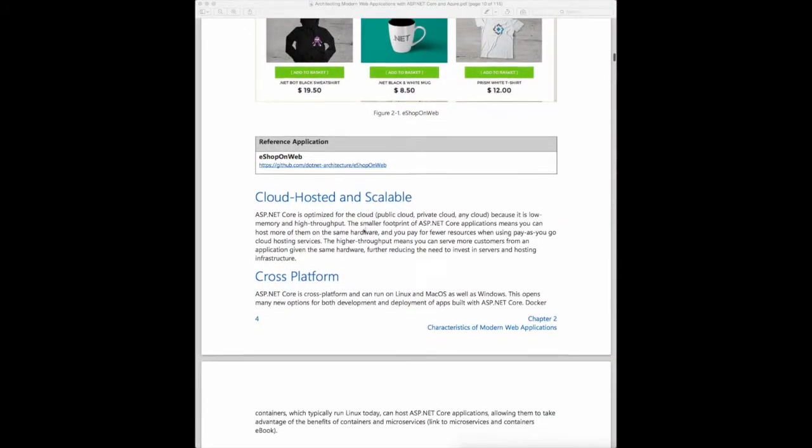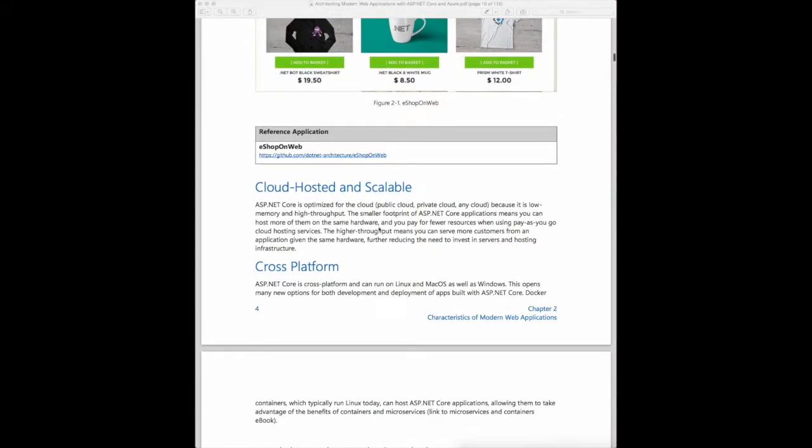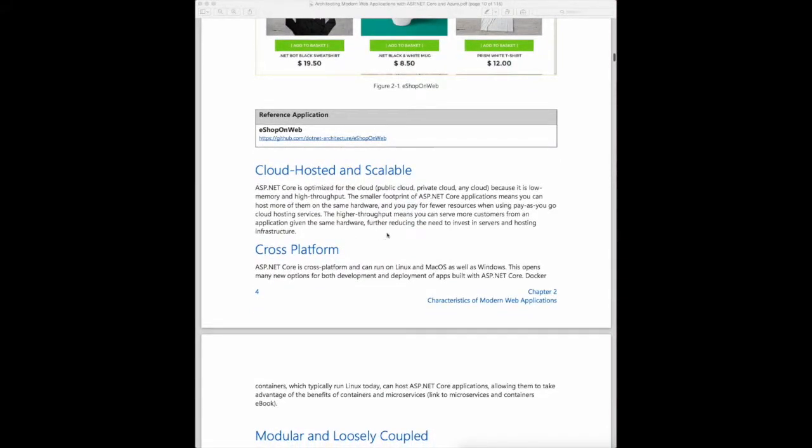So what are the characteristics of modern web applications? Modern applications need to be hosted on the cloud and need to be scalable. This is a sample application given by Microsoft. What are the good practices if you want your application to be deployed, cross-hosted, and scalable?